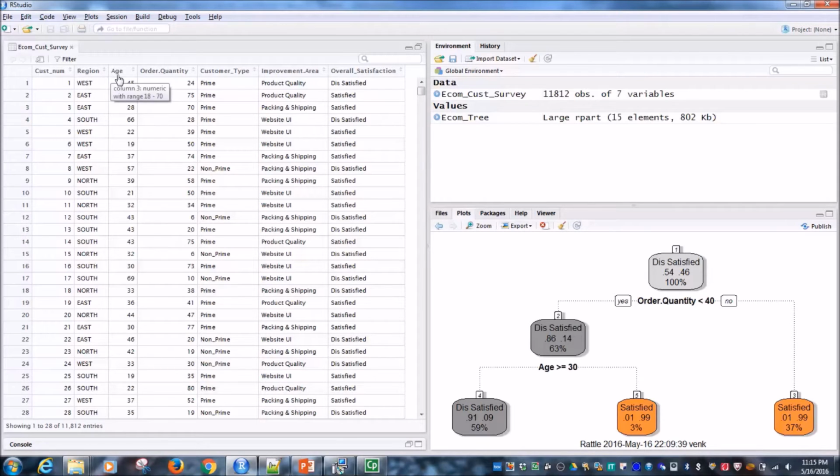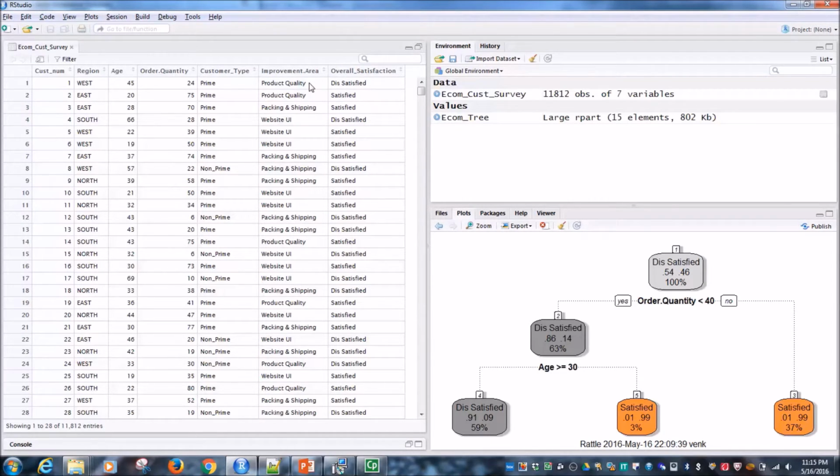We have the region, age, order quantity, customer type, etc., and final overall satisfaction, whether the customer is satisfied or dissatisfied. Now this is the actual value. Now when we substitute region, age, order quantity, customer type, improvement area, etc., all these values into our decision tree for prediction, then the decision tree will predict this particular observation as one class, whether it is satisfied or dissatisfied.